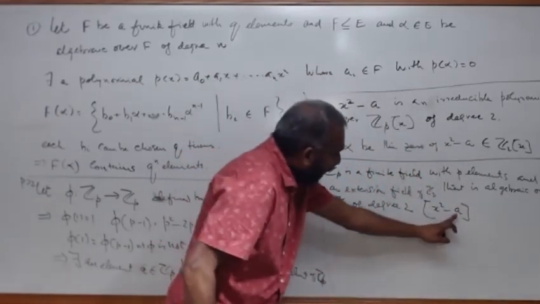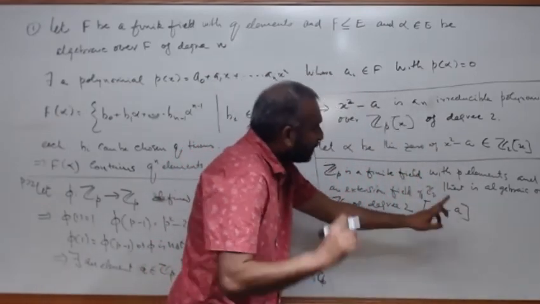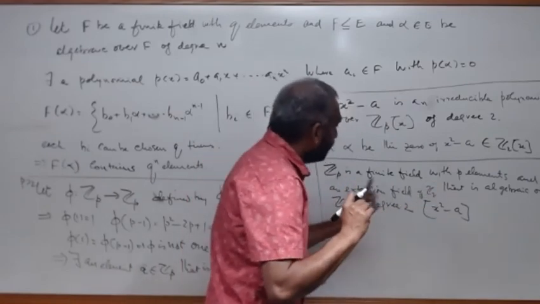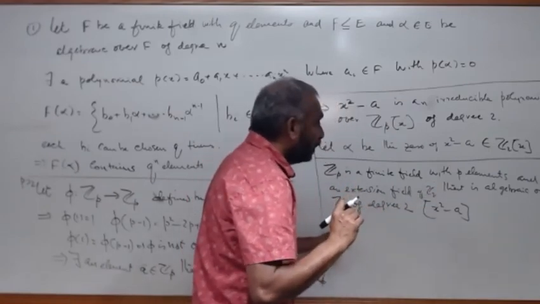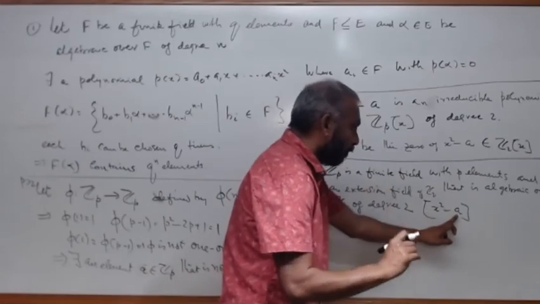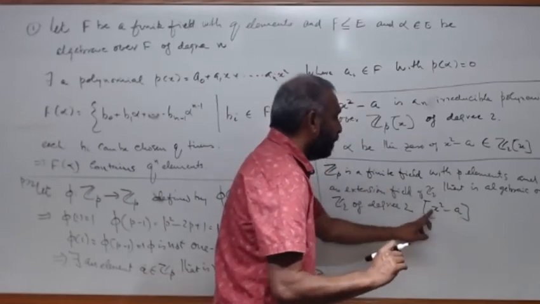This a is the element in Zp that is not a square of any element in Zp.